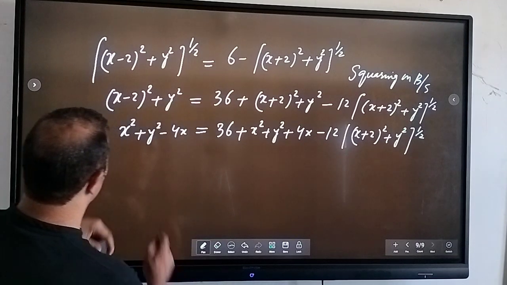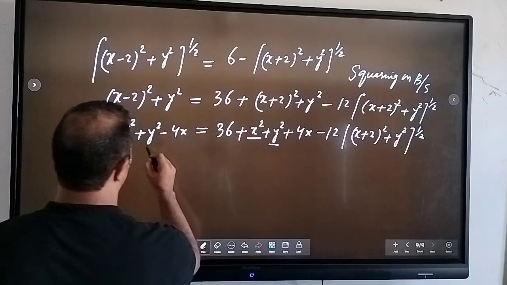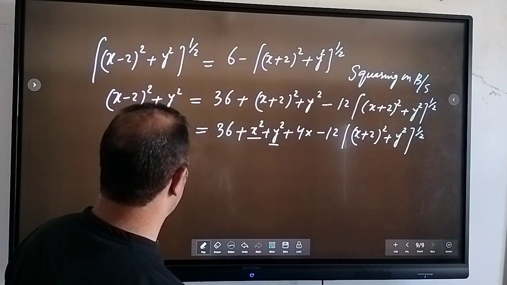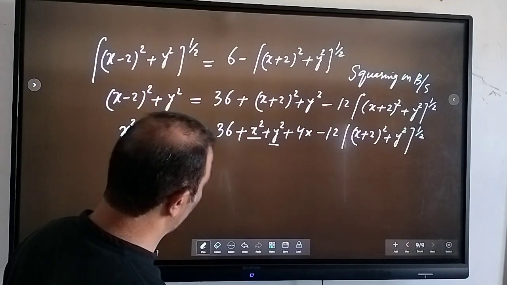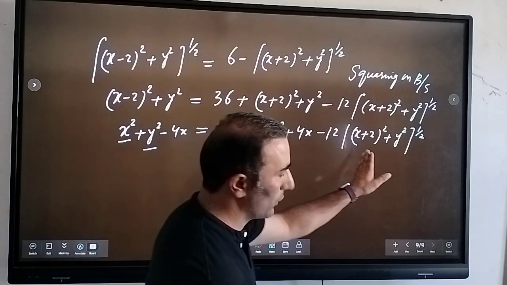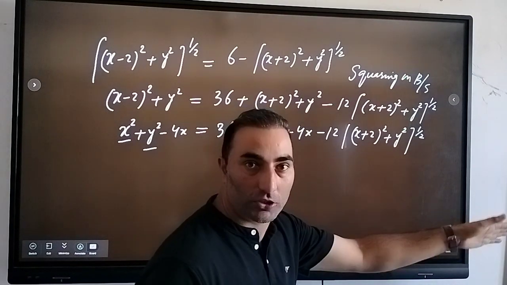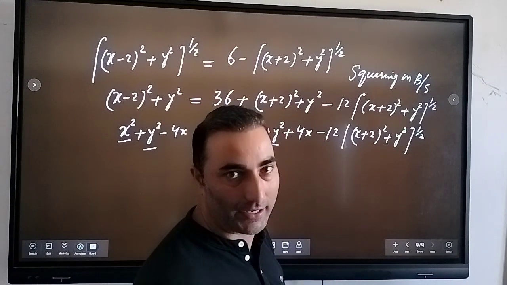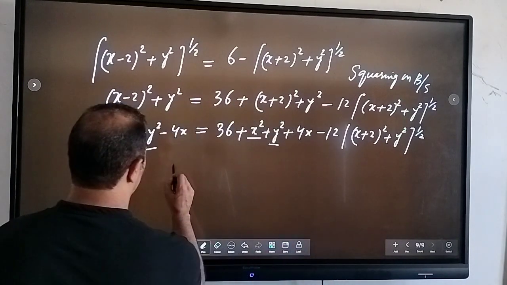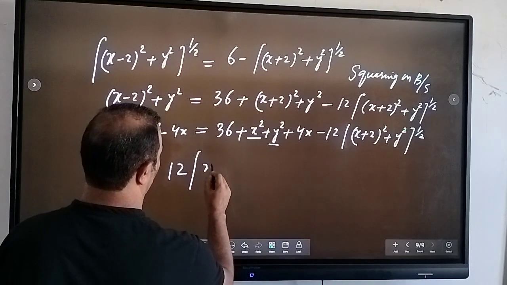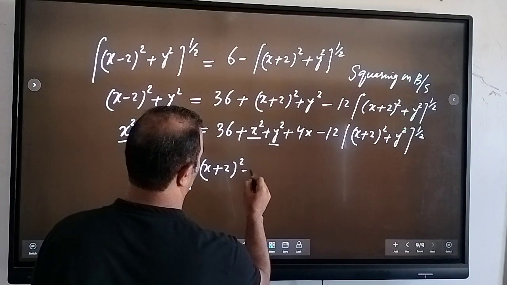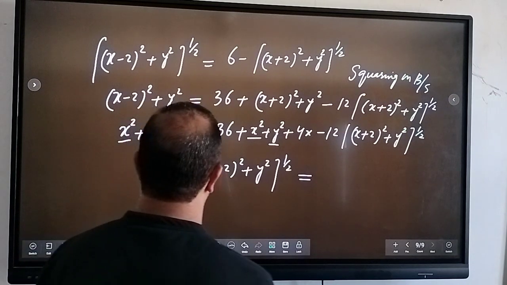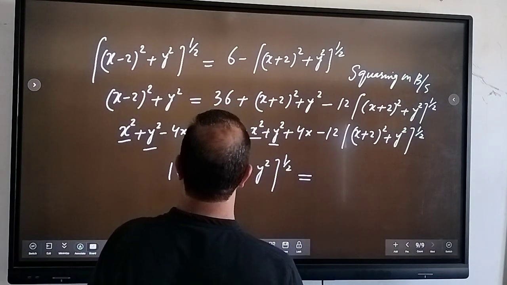Now this x square, y square will cancel on both sides. So you put this minus 12 on the left hand side, and whatever is on our left hand side, that's minus 4x, you put on the right hand side. So this will be 12 into, that's equal to 36 plus 8x.